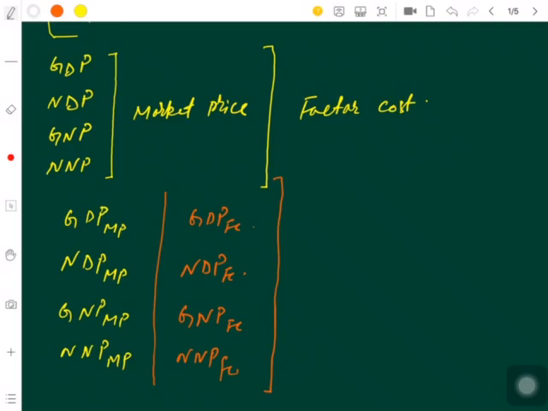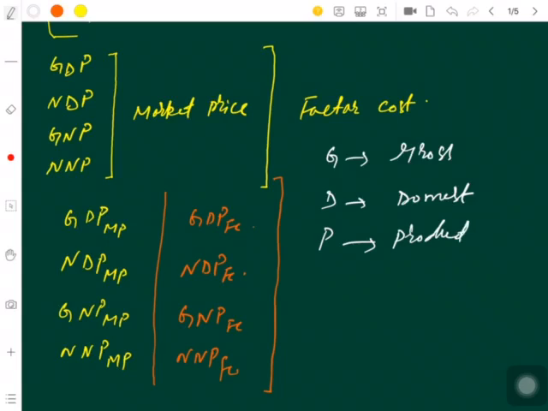Before we do that, how we reach from one aggregate to the other, I'll first explain that G stands for gross, D stands for domestic, P stands for product, which is everywhere, and N stands for net, and the N which comes in between the 3 letters is for national.